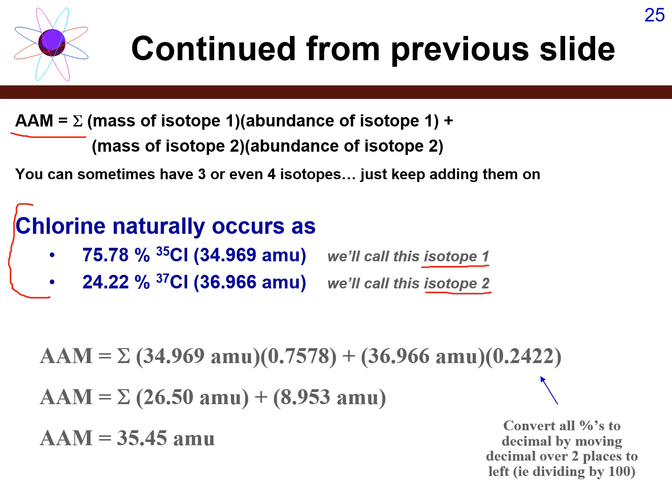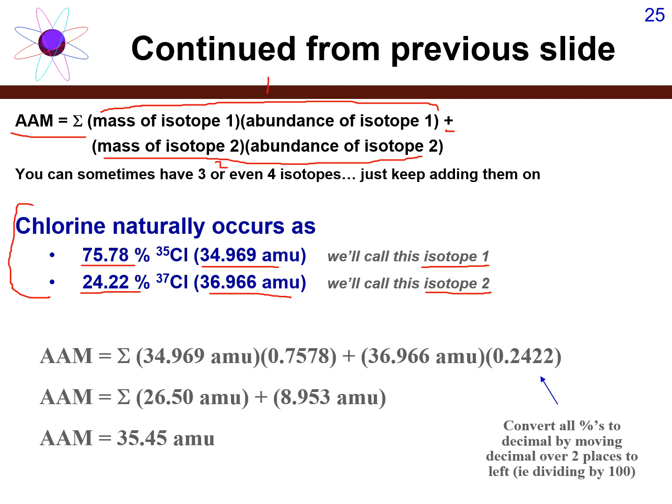Now we have to use the masses for each one of these, as well as the percentages put into decimal form. We're going to take the information for isotope number 1 and plug it into here, and then add that to the information for isotope number 2.